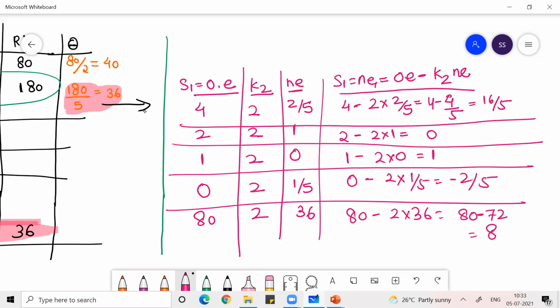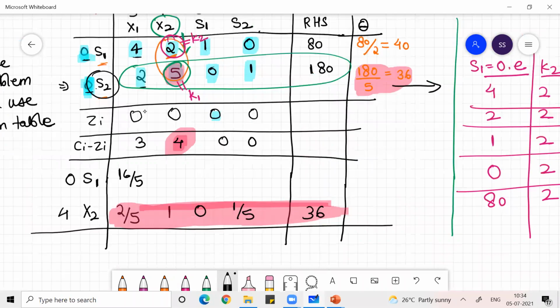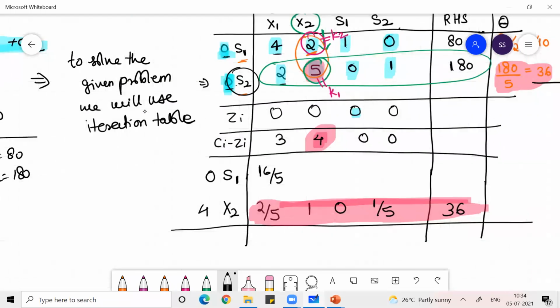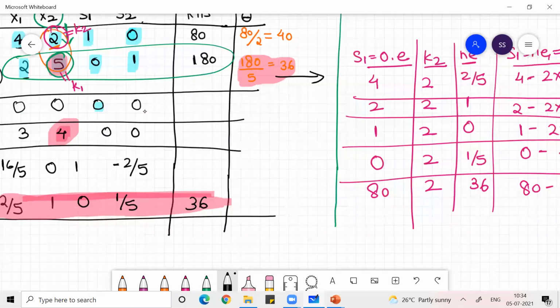Clear? So you just write down the values you get here: 16 by 5, 0, 1, minus 2 by 5 and 8.